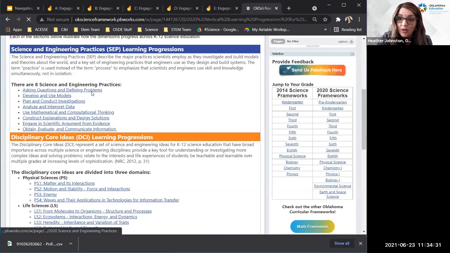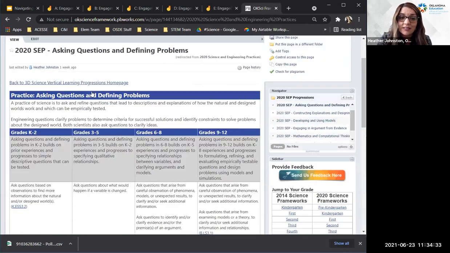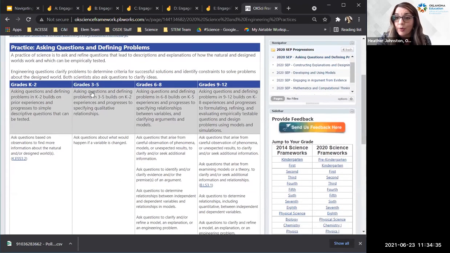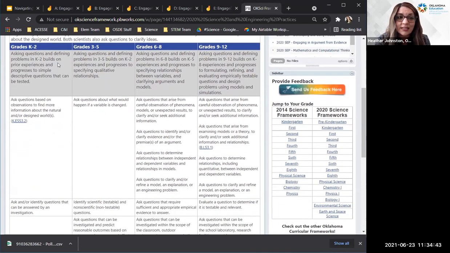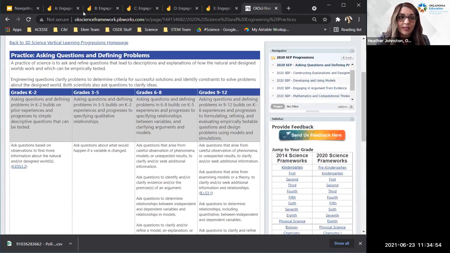When you select one of those, what you will find is the learning progression for that particular concept, whatever it happens that you clicked on. This one's asking questions and defining problems, and you'll see that we have them grade banded. And then you'll look at how they progress from asking questions from kinder and 2nd grade all the way through 9th and 12th.